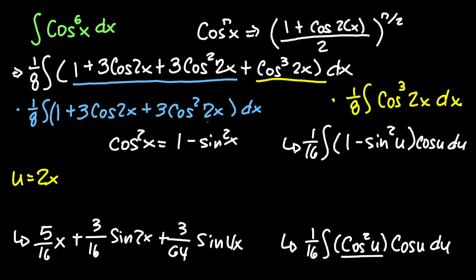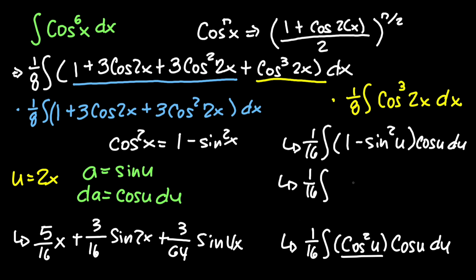Next step would be to substitute. Let a here now be sine of u. The derivative of sine of u would be cosine of u du. Substituting this, we would have 1 over 16 integral of 1 minus a squared.